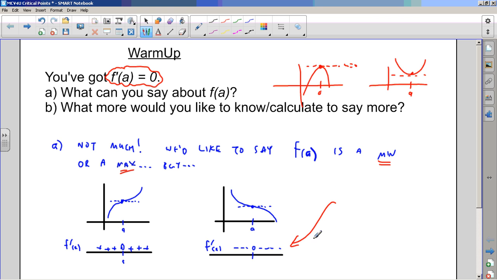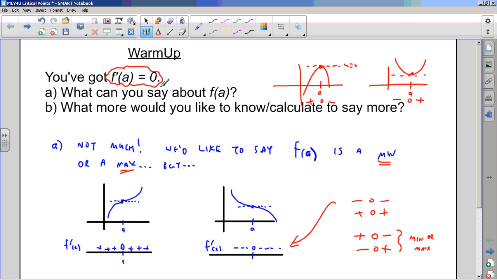Instead of having this negative, 0, negative, or positive, 0, positive, what we want is this: where it's increasing, 0, decreasing. This is the first derivative I'm talking about. Decreasing, 0, increasing. This gives us a minimum or maximum.